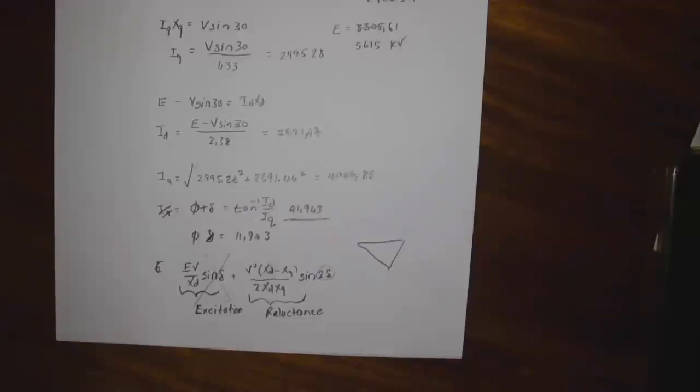Which means your P min is equal to your E min times V over X. So where will I get my P min?